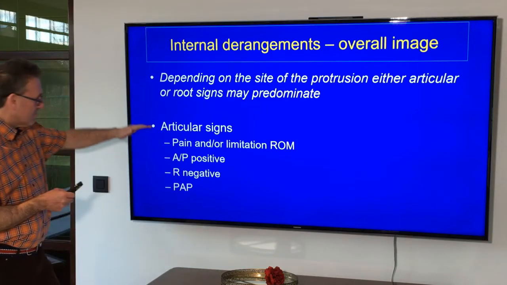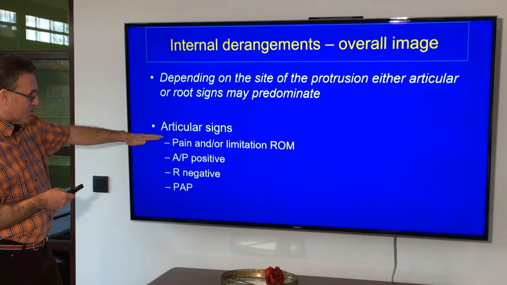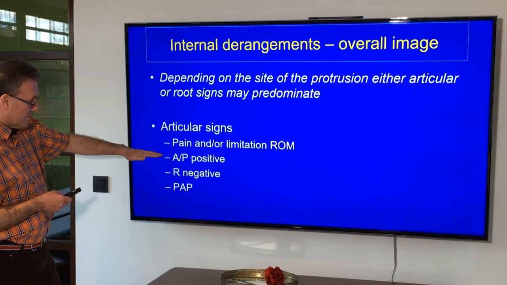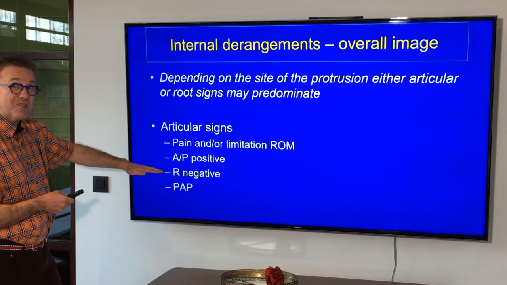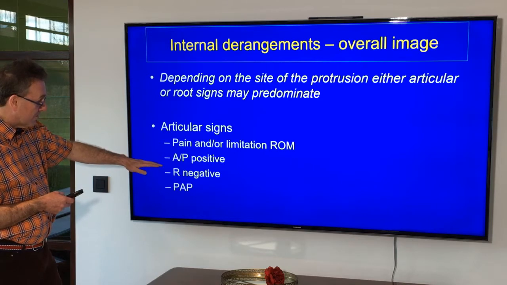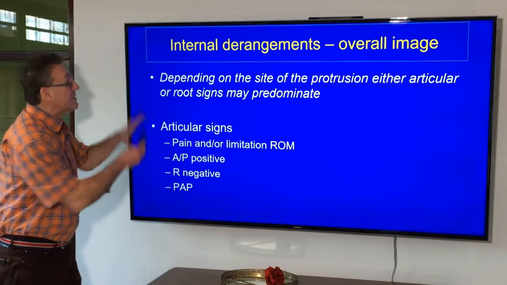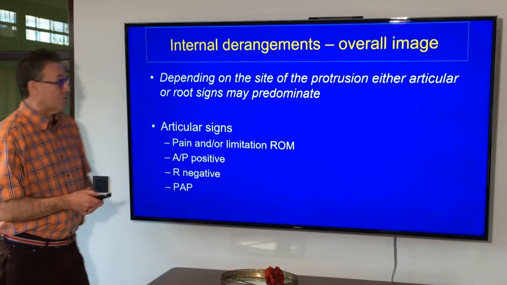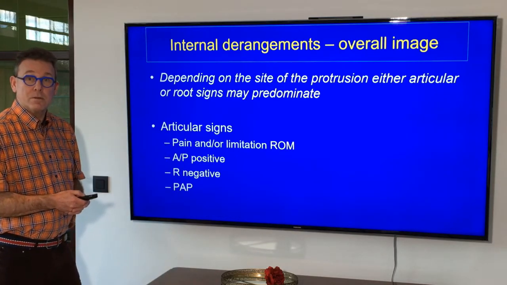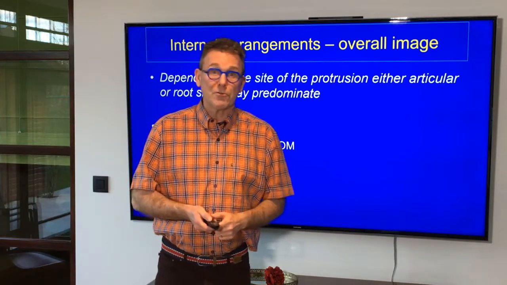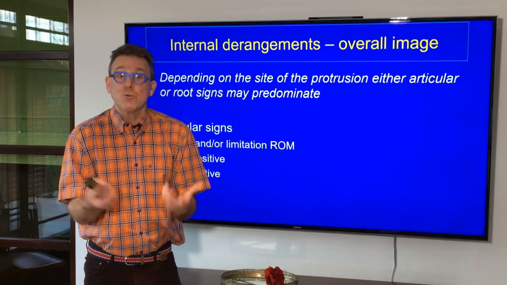So, pain, limitation of movements, active and passive test positive, resisted neck test negative, and of course you find a partial articular pattern. This is the image of an internal derangement. When you have a lateral internal derangement with pressure on a nerve root, then you can also find some root signs.